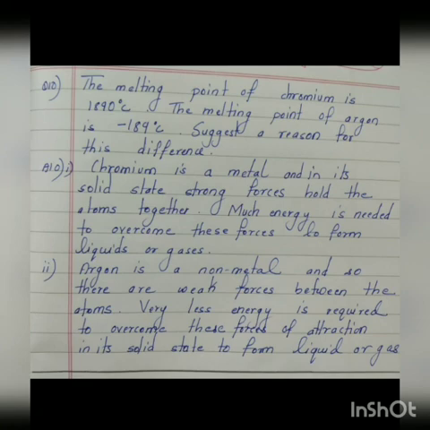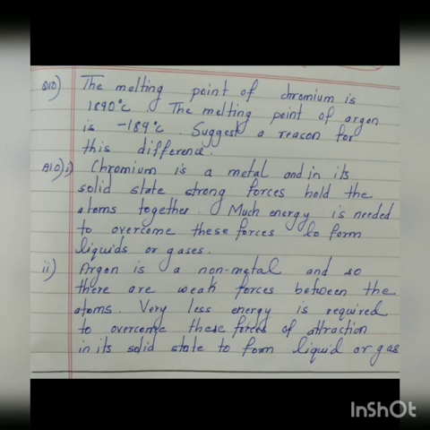Whereas argon is a non-metal, and all the non-metals have less strong forces of attraction than metals. So if the forces of attraction are less strong, we need less heat energy to break them. And so non-metals have low melting point. This is the reason for this difference.